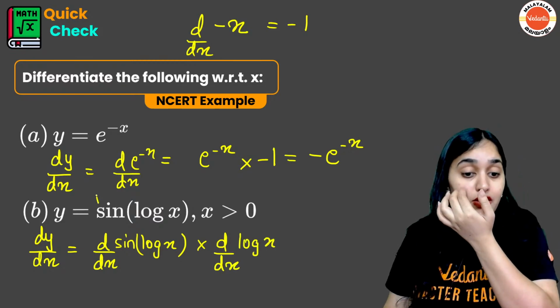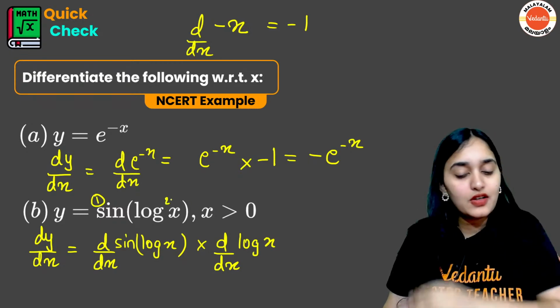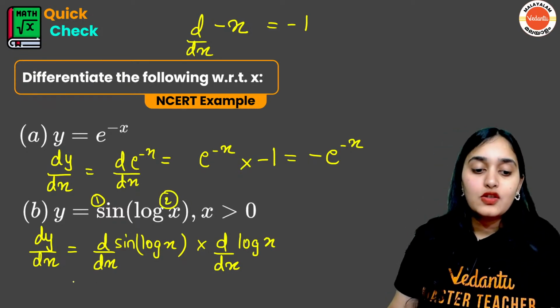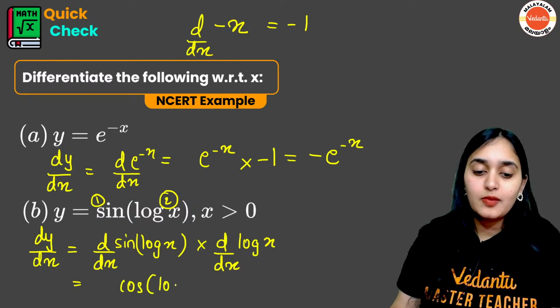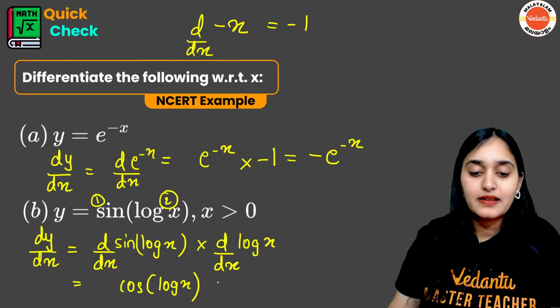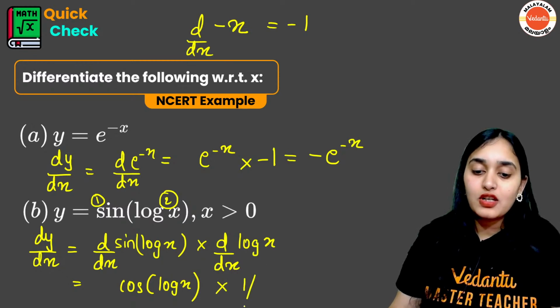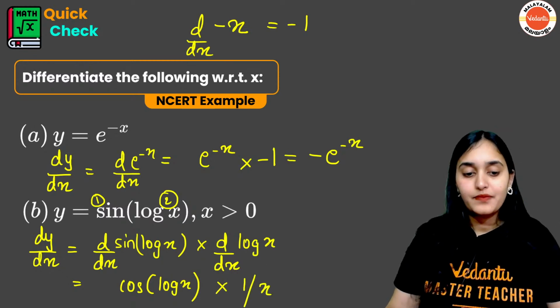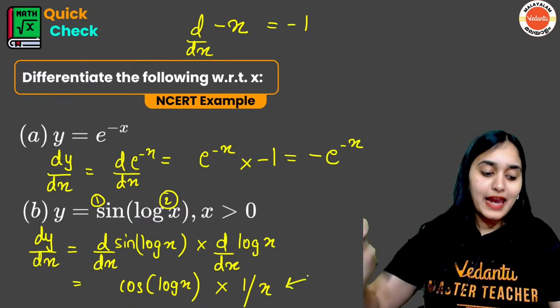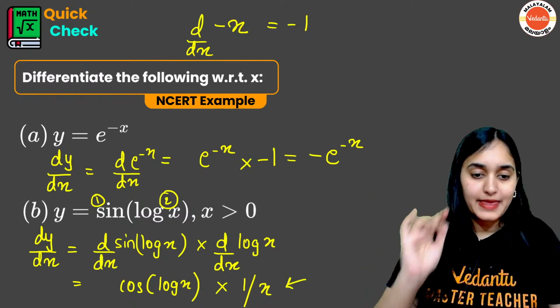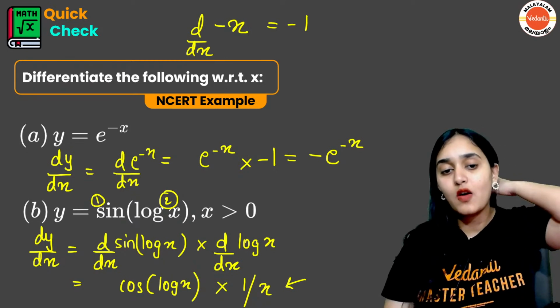First you differentiate sine, then you differentiate log. What is differentiation of sin x? Cos x. So it will be cos log x, and log x differentiation is 1 upon x. So this is your answer: cos log x upon x. That is differentiation of sine log x.